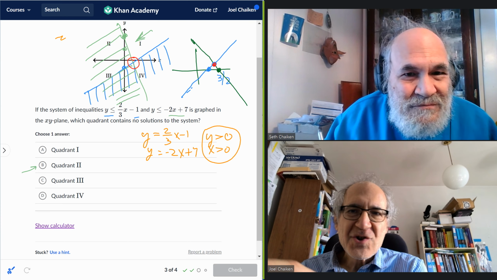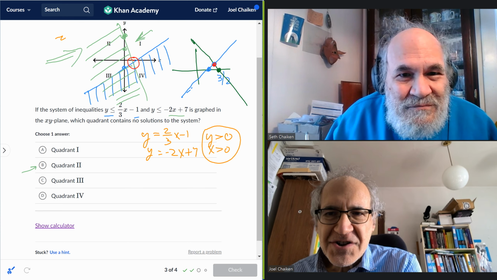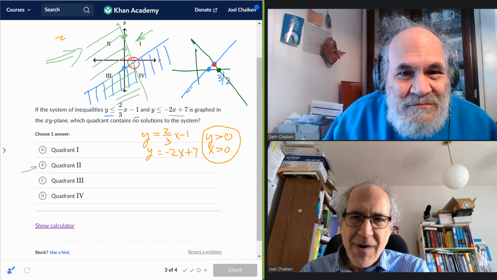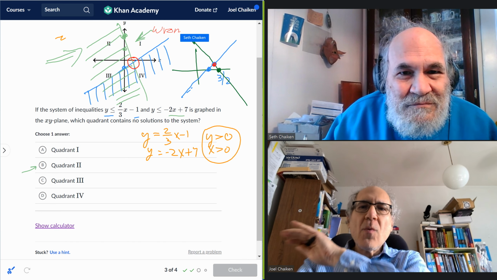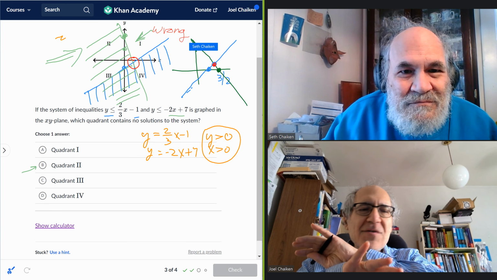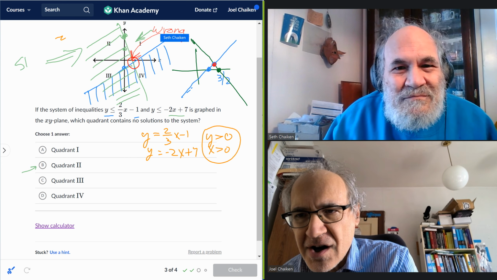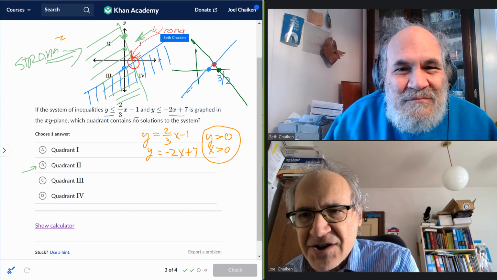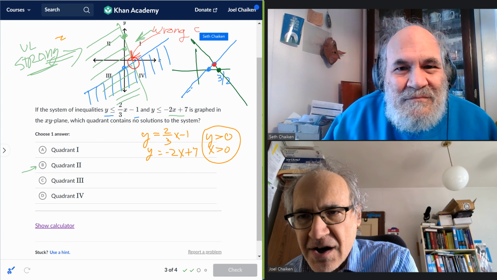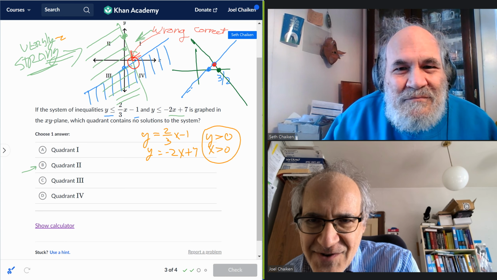But quadrant 2 is so clearly no intersection. There is no way I could have drawn it mistakenly, and this is very strongly a no answer. There's some stuff going on here.